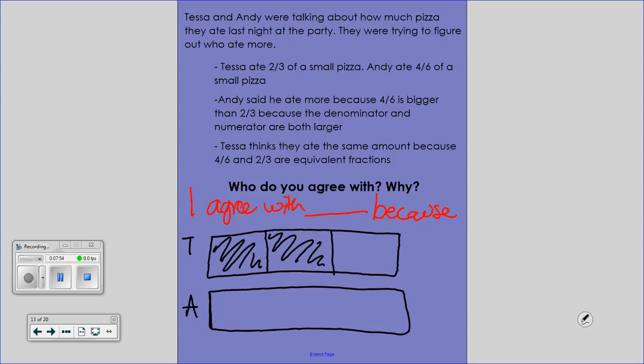Does the 6 have a middle spot? Yes. Go ahead and find the middle spot first. Then you can partition the rest. Alright, and then we'll shade in 4 due to the numerator.